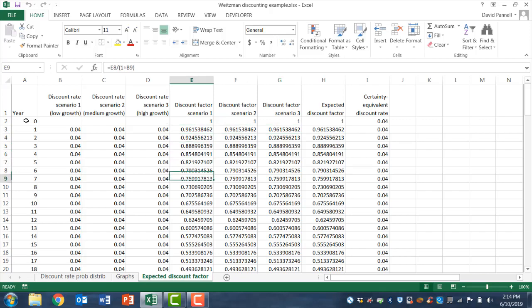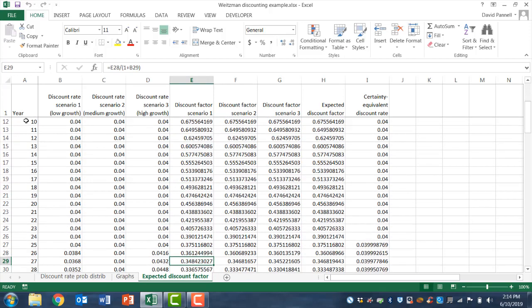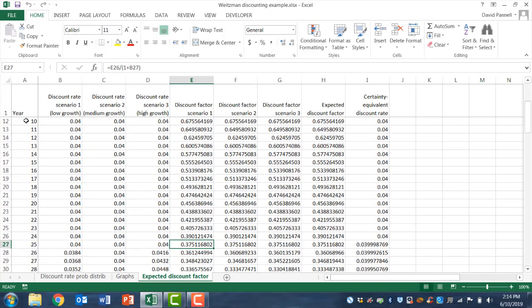All three of those are identical until you get down to year 25, when the discount rates start to diverge, and then because the discount rate is less in the first scenario, the discount factor is more than it was for the mean discount rate, and it's less again under scenario 3 where the discount rate is higher.